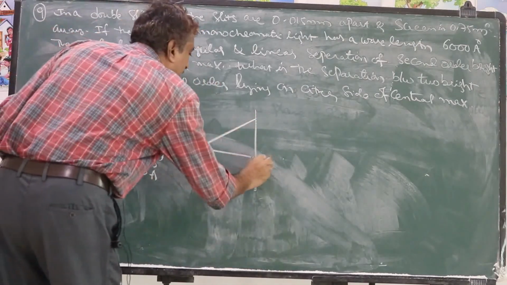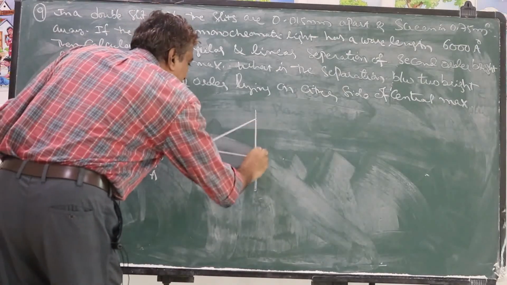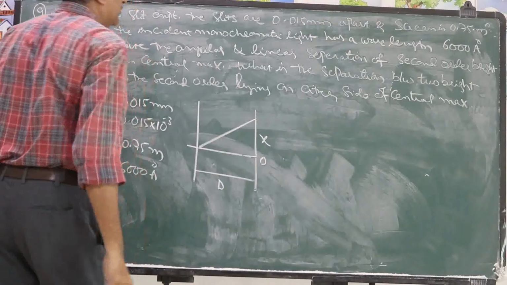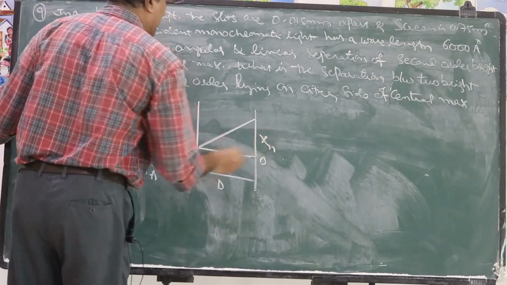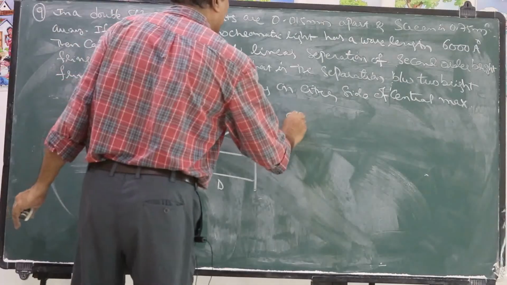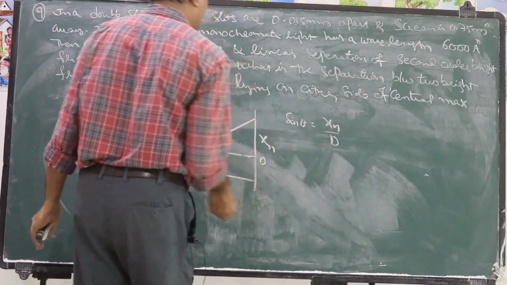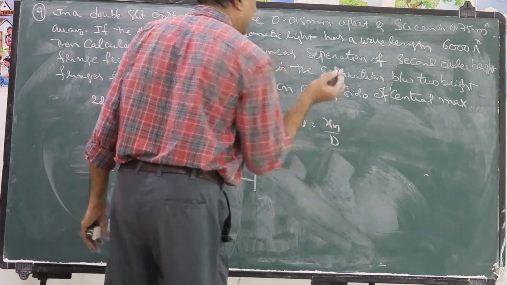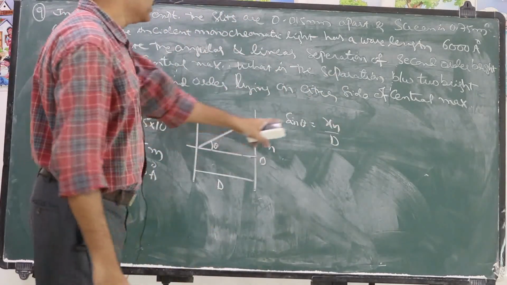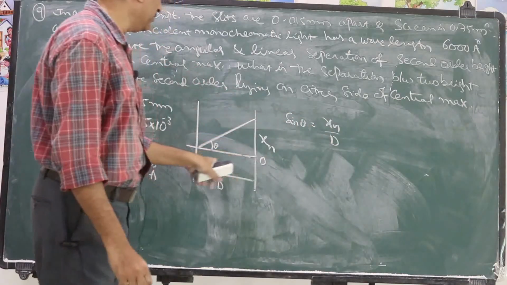This is central maximum and this distance is D and this distance is Xn, assume that. Then sin theta is equal to xn by D, and linear separation is simply xn. So angular separation theta is given by sin theta equal to xn by D from this condition.